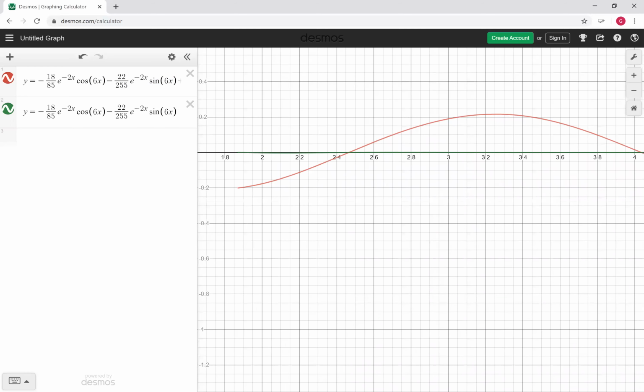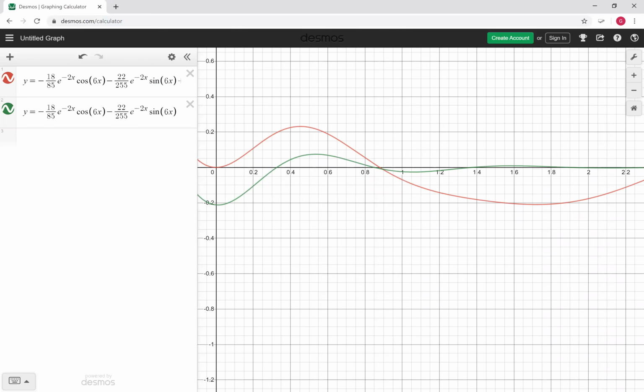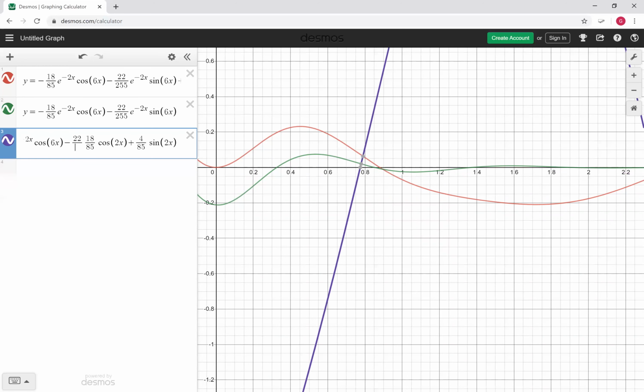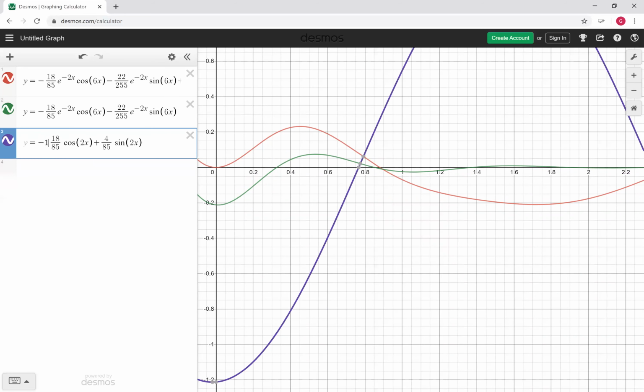So let me draw the steady state. The steady state could be different at the beginning, but later, as time gets bigger, that part will be exactly the same as the general solution. So let's do it. This time, let me erase the transient solution part and plot the steady state part only.